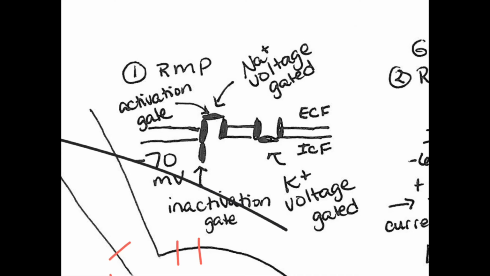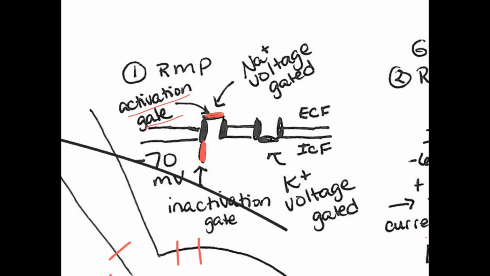The sodium-gated channel actually has two gates. It has a gate on this side, and it has a gate on this side, right? One of the gates is called an activation gate. That's the gate that is going to open and close and allow sodium to come through, okay?